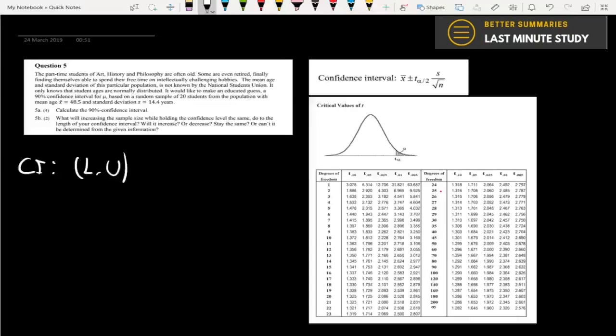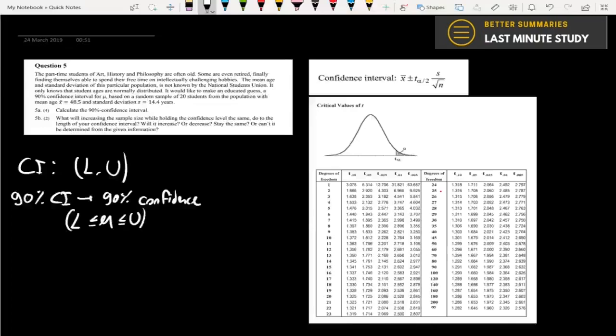Let's write this first: 90% confidence interval. We can say with 90% confidence that mu is going to be in between this upper and lower limit.